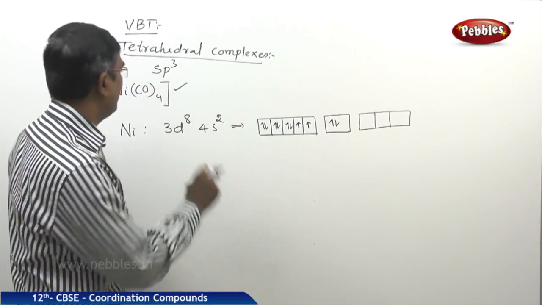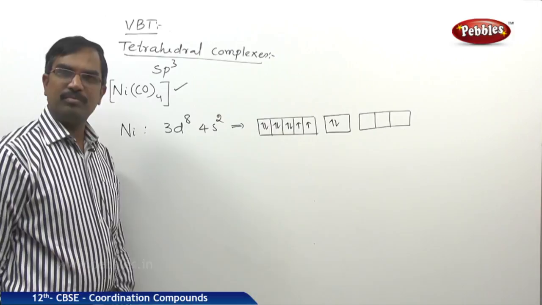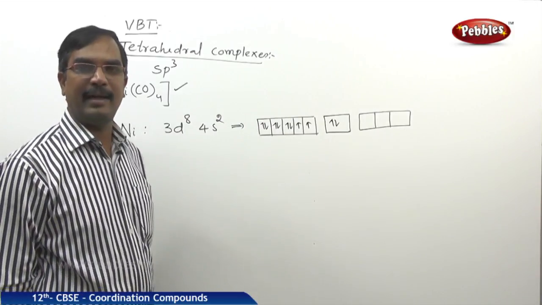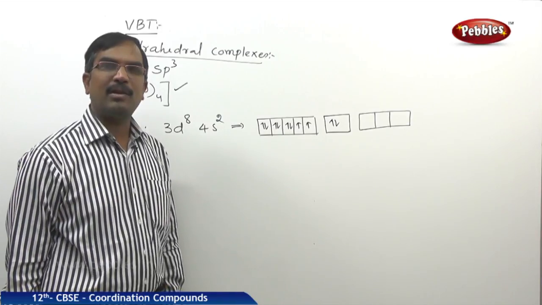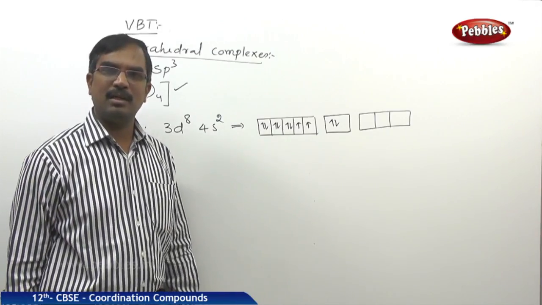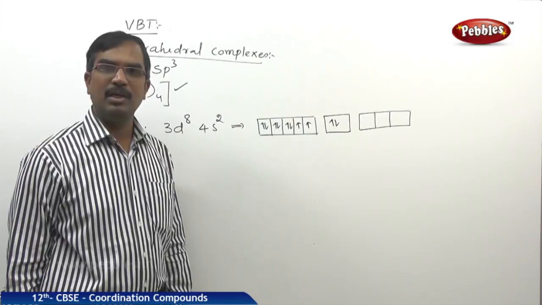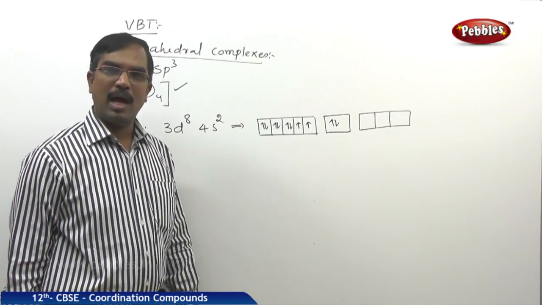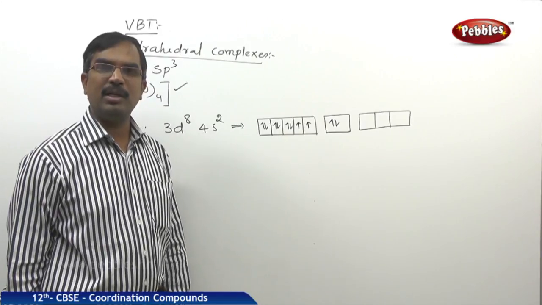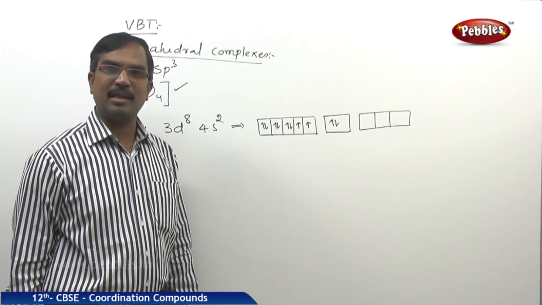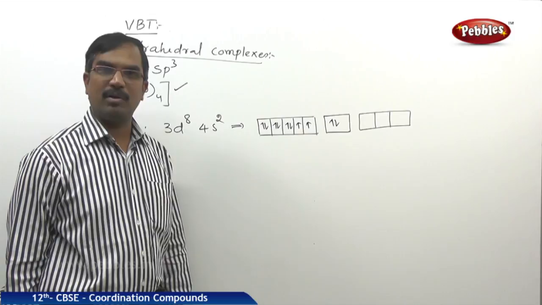Coming to carbon monoxide, CO, this is a ligand. This ligand should donate electron pairs to the central metal atom, nickel. In order to form the complex compound, nickel should provide vacant orbitals.